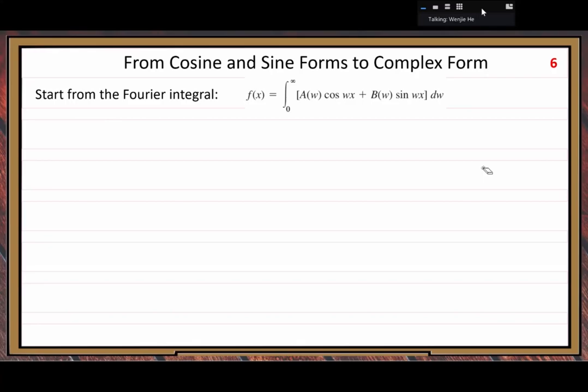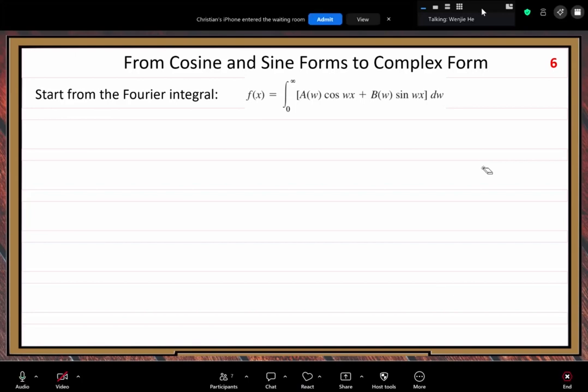Fourier cosine and sine are for even and odd functions, right? For an even function, we have the Fourier cosine integral. For an odd function, we have the Fourier sine integral.